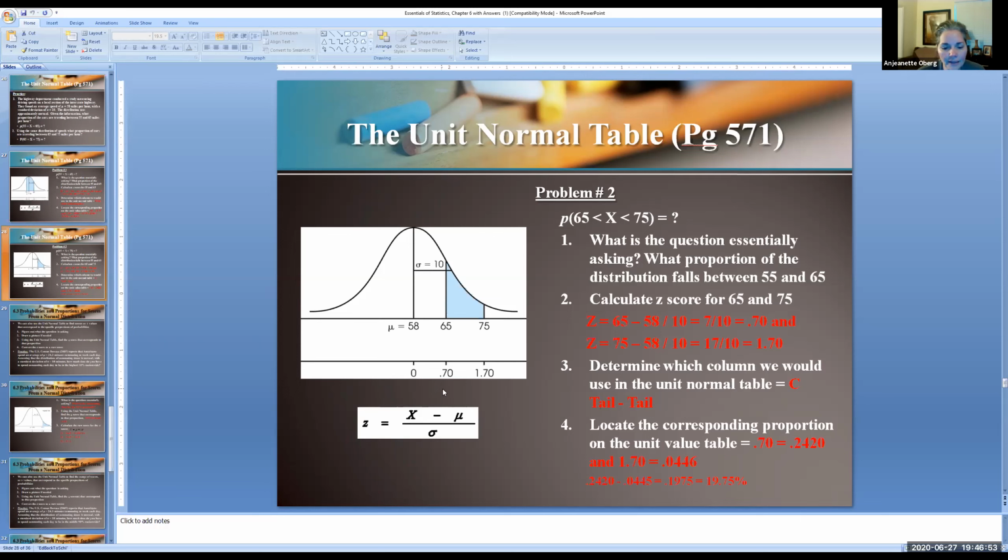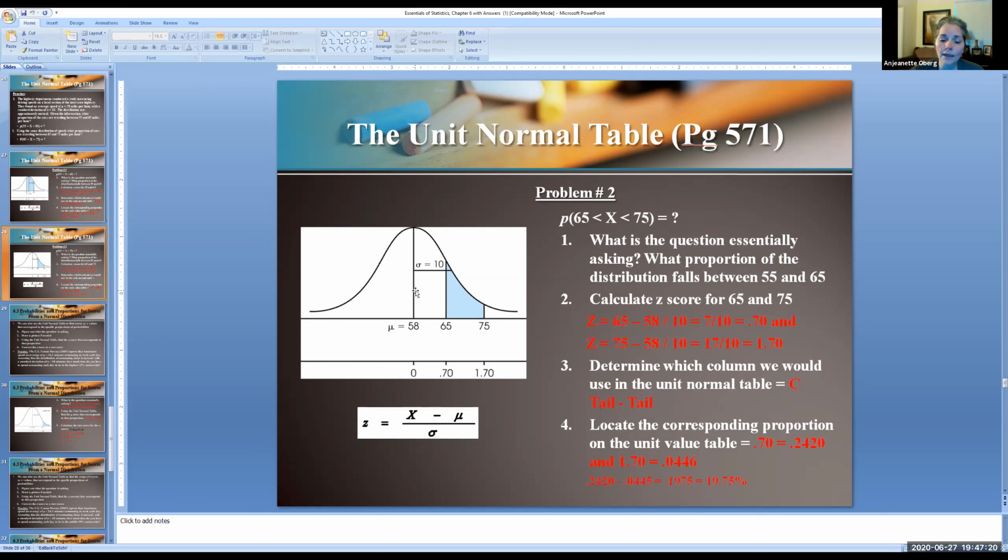We can first find the z-scores that correspond to these boundaries, and it's 0.70 and 1.70. What we can do is calculate the percentage, using the D column, between the mean and the 75 z-score, and then the D column for the percentage of scores between the mean and 65.